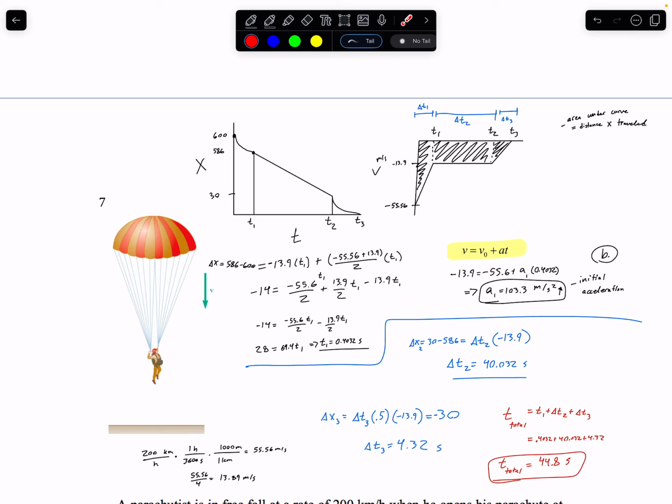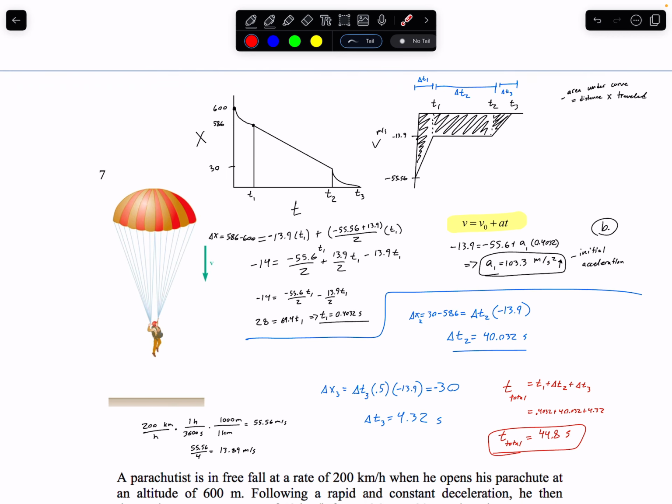And so we just take the area under the curve here, negative 13.9 times T1, and then you take the area of that triangle as well, which is shown right there. And we get that T1 is equal to 0.4032 seconds. Point that out over there too. The area under the curve is equal to the change in position.